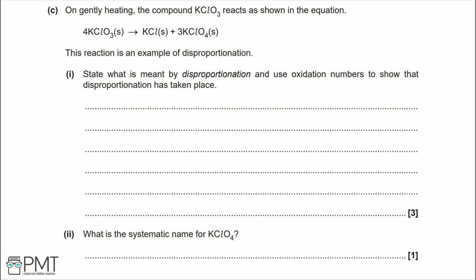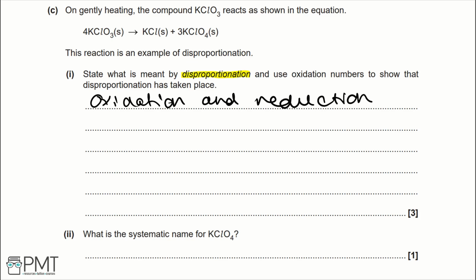So firstly, with this question, let's define the term disproportionation. Disproportionation is where oxidation and reduction occur simultaneously of the same element.